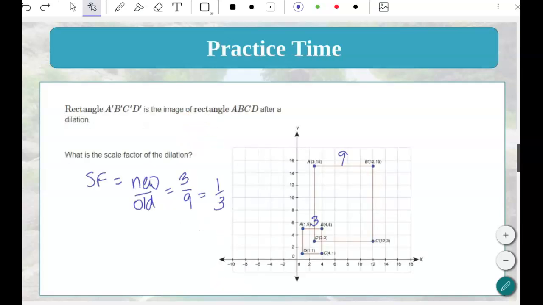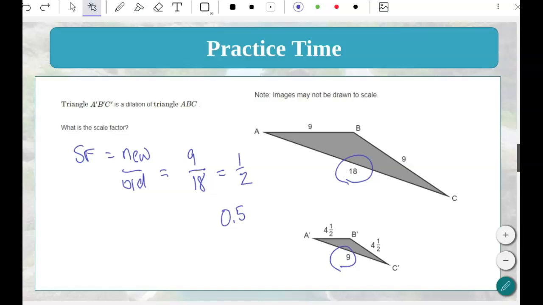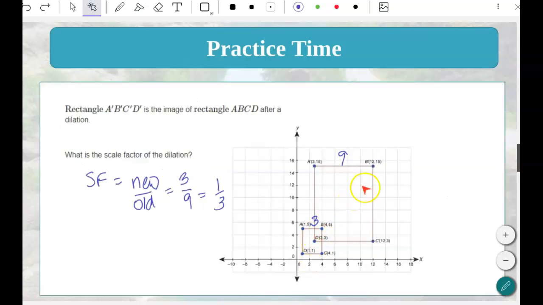So let me go ahead and go back. Let's look at this on a coordinate plane. So if you look at the x value here is 4, and this is 12. And the scale factor is 1/3. So 12 divided by 3 is 4. Or you could say 12 times 1/3 is 4.